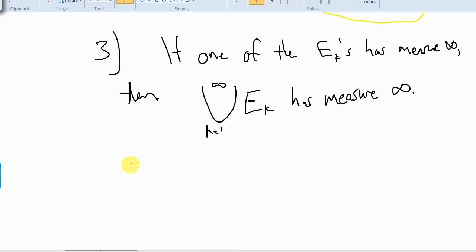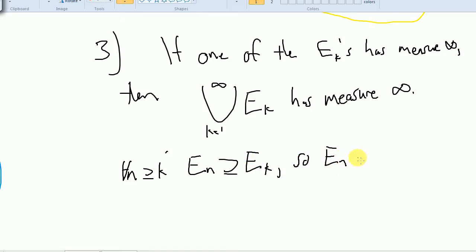Alright, but then also, for all n greater than or equal to k, E sub n has measure infinity as well, because E sub n contains E sub k.